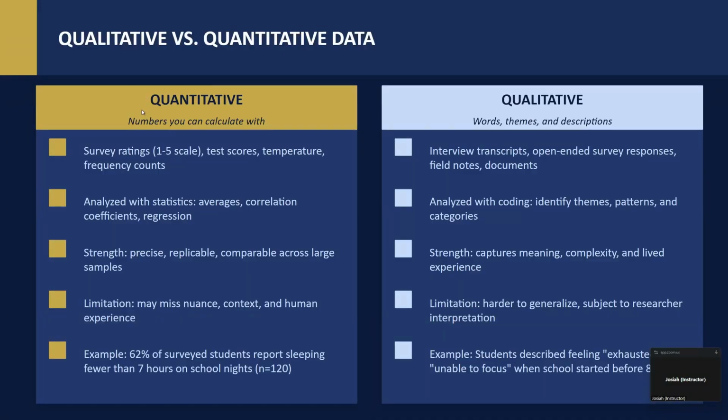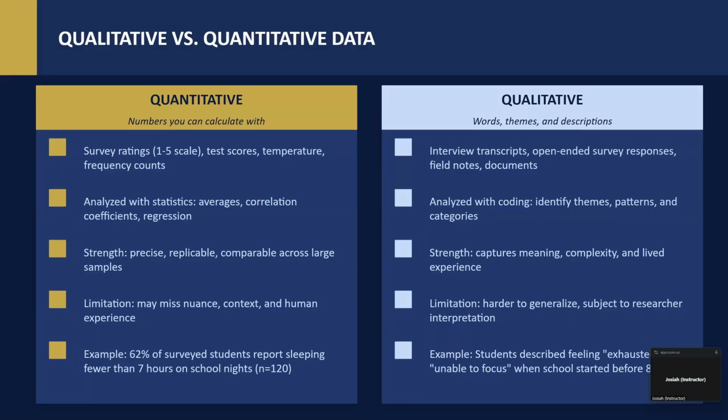So qualitative versus quantitative data. So quantitative data is numbers that you can calculate with. For example, survey ratings, which could be on a 1 to 5 scale, test scores, temperature, or frequency counts. And they could be analyzed with statistics, like averages, correlation coefficients, or regression.